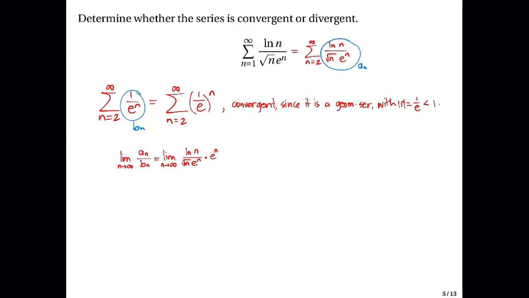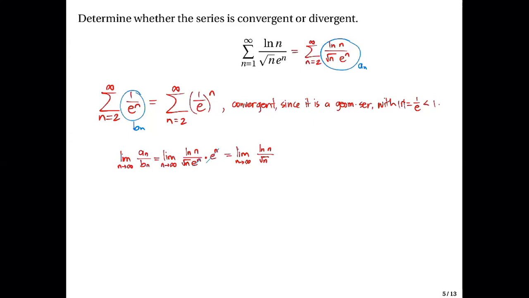And then, magka-cancel si e to the n, so that we'll be left with the limit of ln n divided by square root of n as n goes to plus infinity.